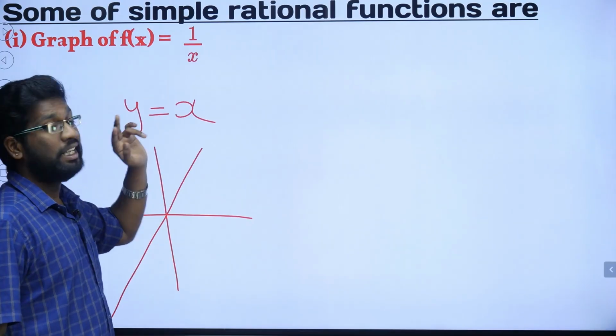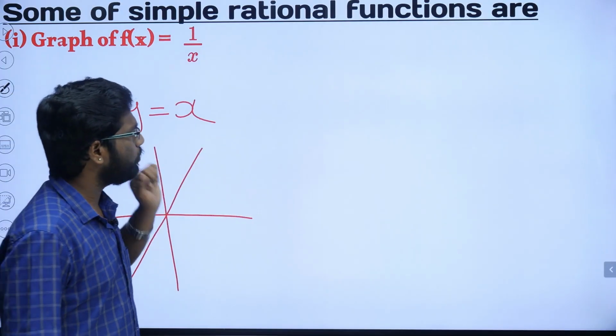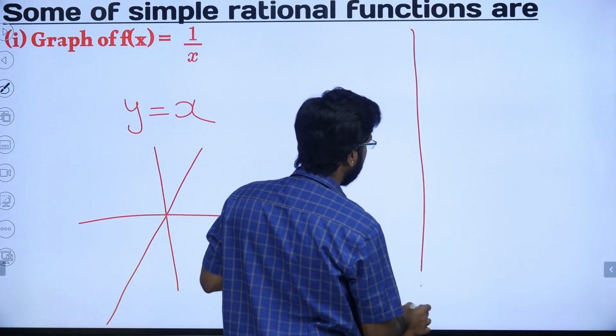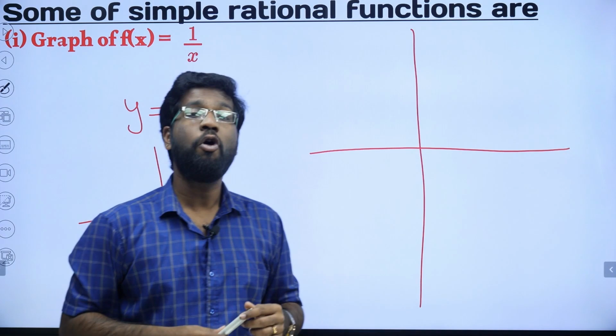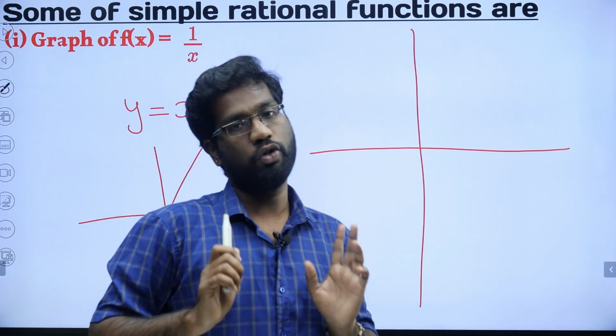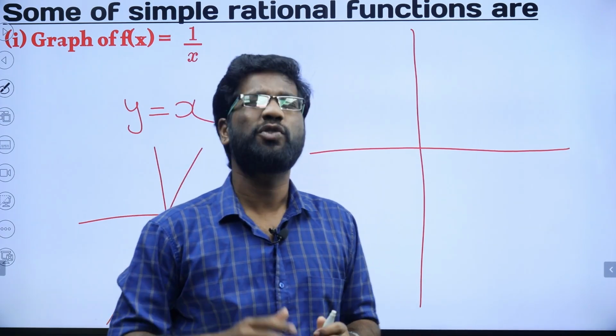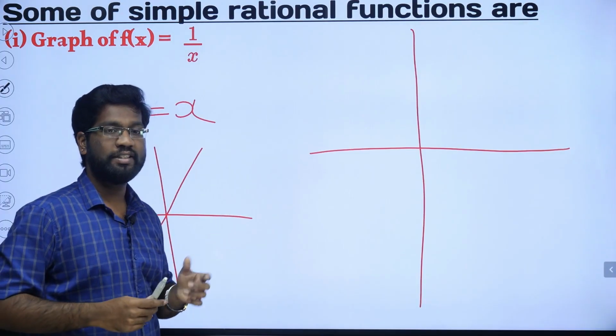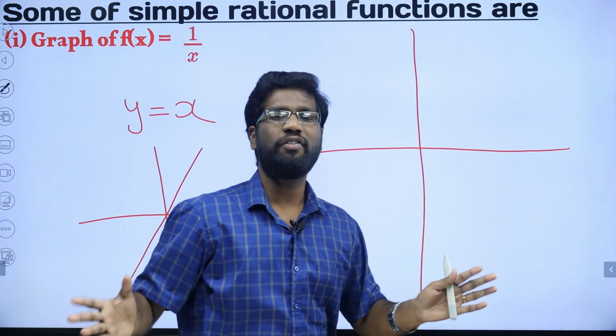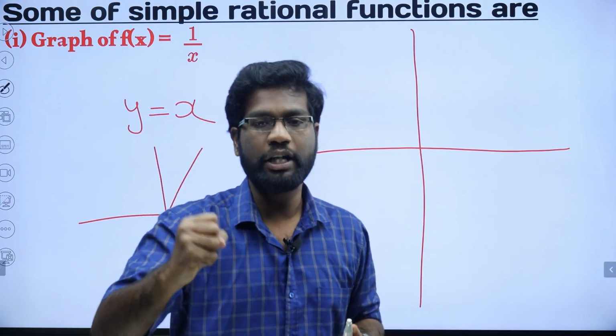But here they have taken the reciprocal. So what do we have to do? Before you draw the graph, first you have to know the domain and codomain, particularly the domain. What is the domain actually? For the function, the domain means the values for which I get a defined output.